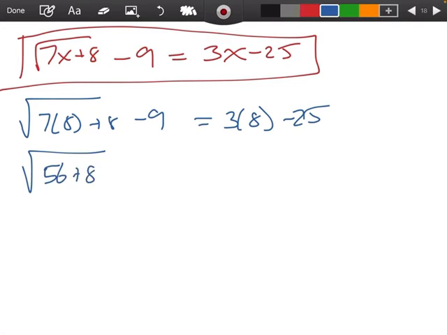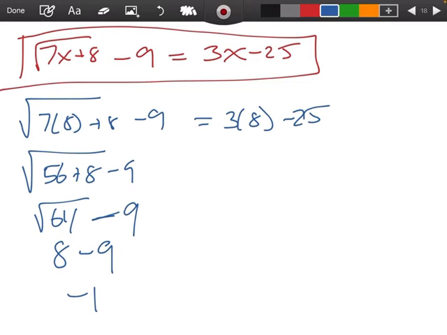Let's see, 56 plus 8, 64. Minus 9. So the square root of 64 is 8. 8 minus 9, negative 1. That's what we get on that side. Okay, let's do it here. 3 times 8, 24. Minus 25, also negative 1. Okay, so we know that the answer x equals 8 checks out.